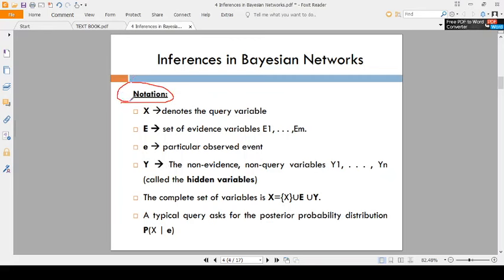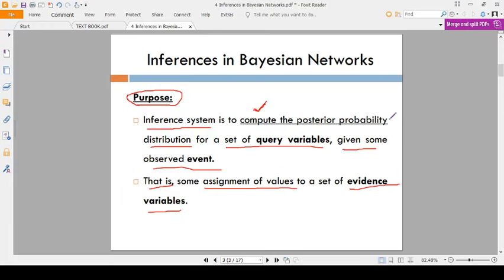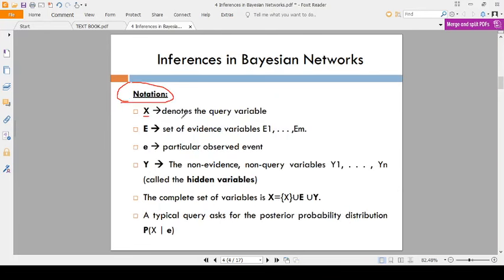How you are calculating the notation? Consider capital X. It denotes the query variable. So you are calculating probability for query variable. E denotes evidence variables like E1, E2, E3, so on up to EM.